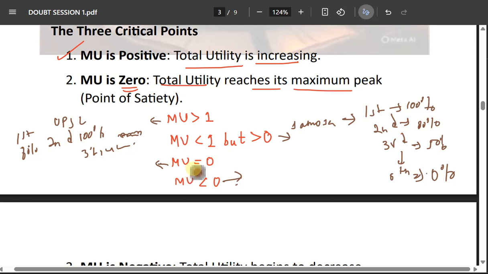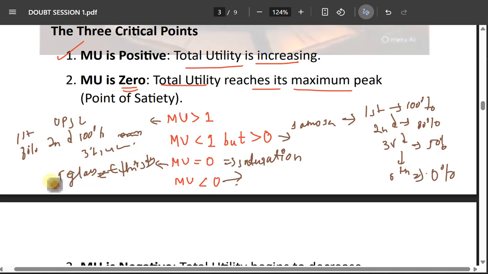Third one, marginal utility 0, means an extra unit gives no new satisfaction. You are saturated here, complete saturation. An extra unit is not giving you any happiness. For example, you are very thirsty, you go to your friend's home, and you drink 5 glasses of cold water.